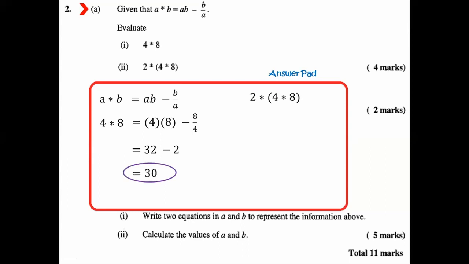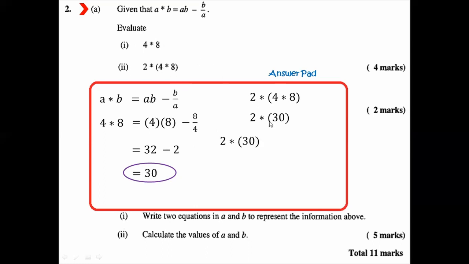Good. And then now, the second part here, we have 2 asterisk 4 asterisk 8. If we are observant, we recognize that the 4 asterisk 8 is here, and we have already found a value for that, which is 30. So this is basically 2 asterisk 30. We have a value for this expression from part 1.